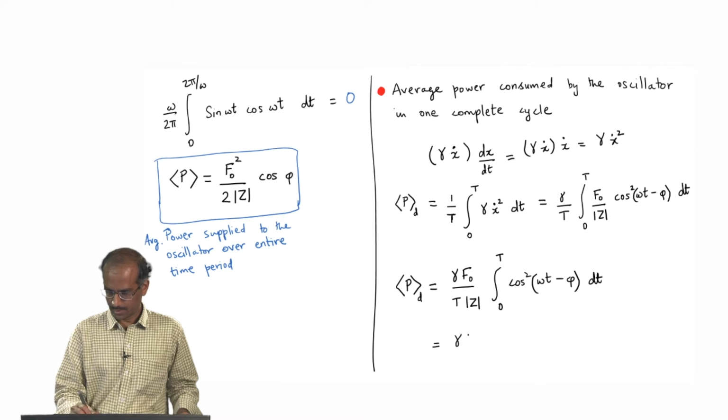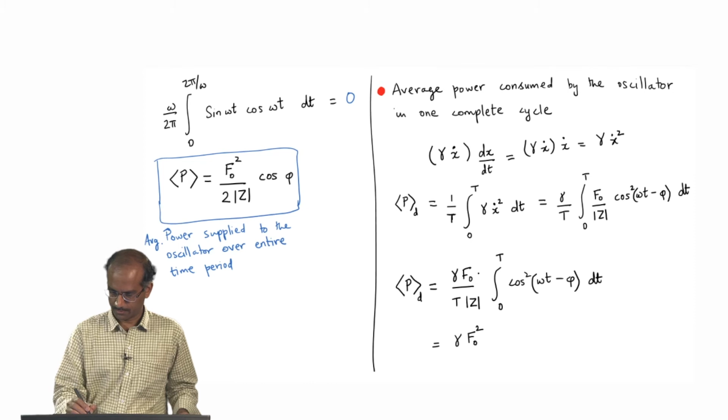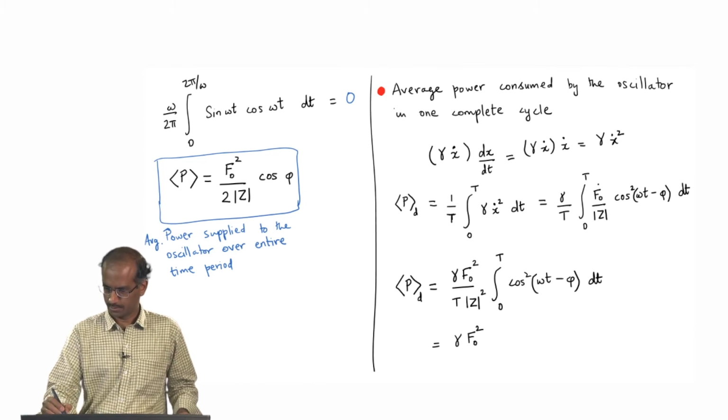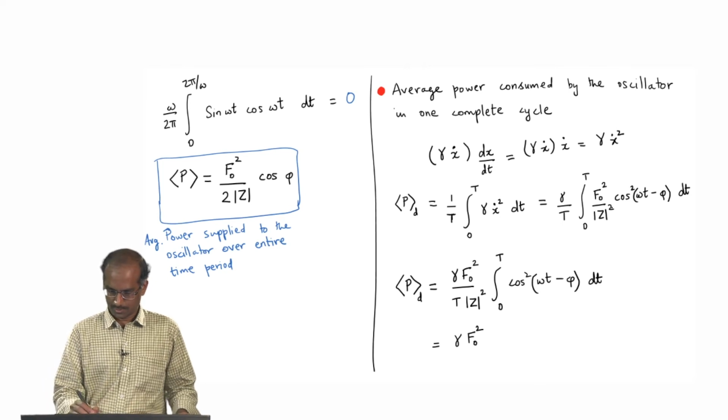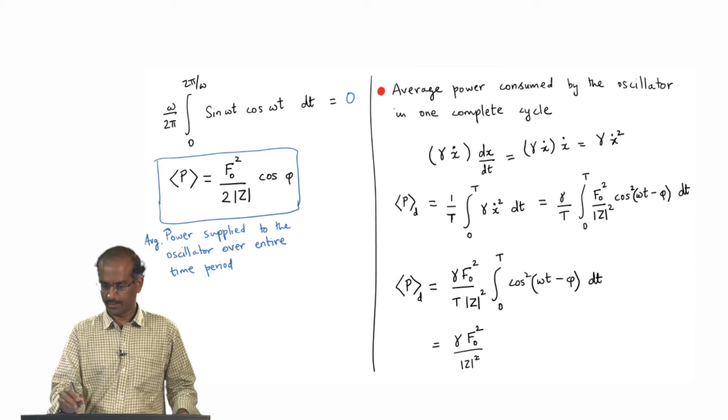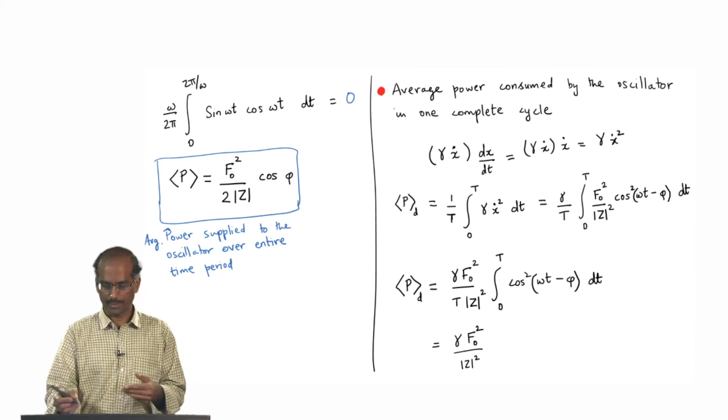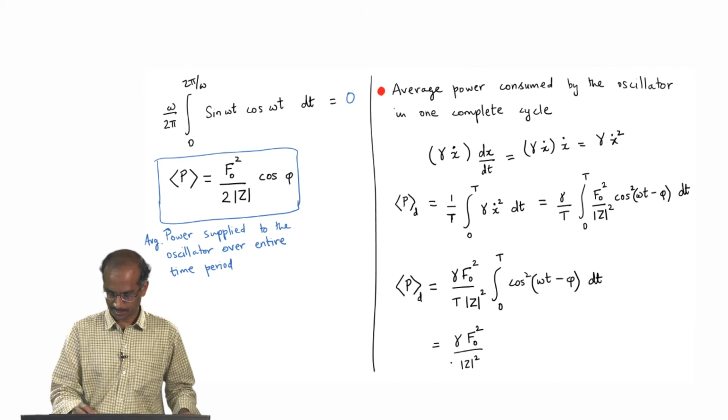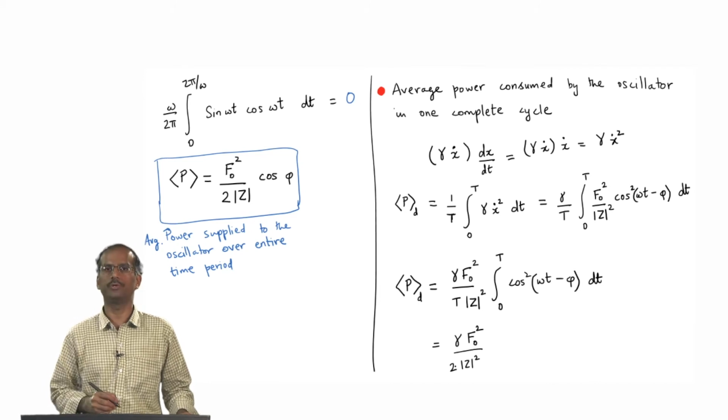It will be gamma f 0 square. Okay, I missed out power 2 here. It should have been square here as well. f 0 square divided by mod z square, and the integral value with 1 by t will give me half. So, that is 2 here.